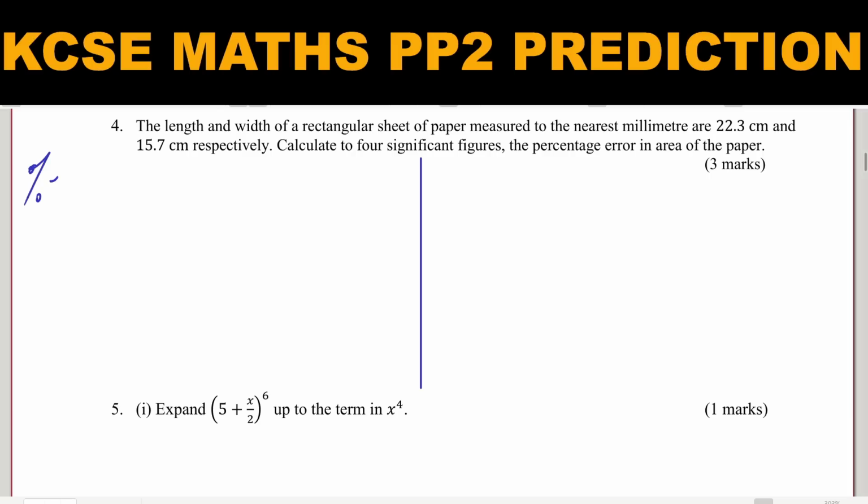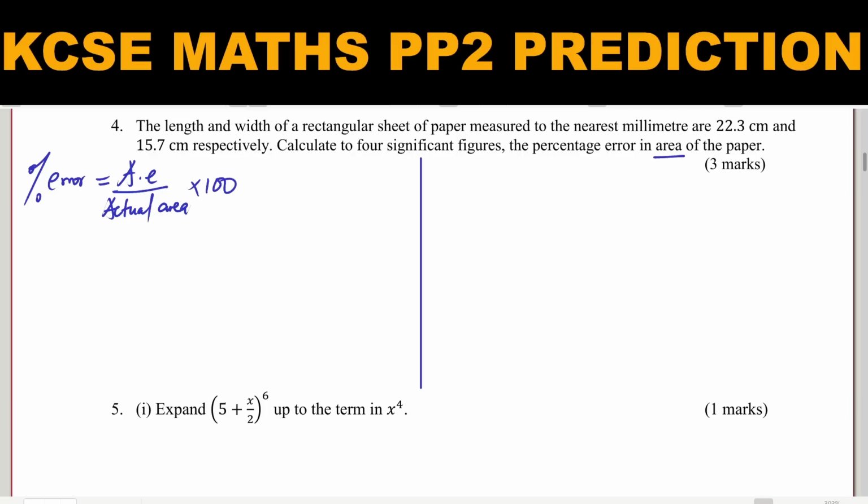Percentage error will be given by the absolute error in the measurement given, in this case the absolute error in the area of that paper, divided by the actual area, multiplied by 100. So from this formula, we need to have the absolute error.